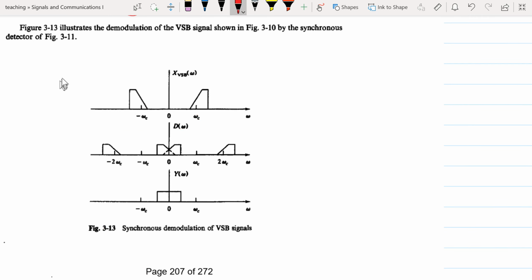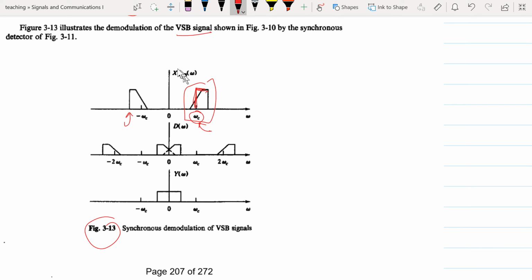And now figure 3.13 illustrates how we can perform the demodulation of the VSB signal after we have transmitted it, having cut off a portion of the signal, as we can see here, a portion of the sideband. You can see the upper sideband should have been that full, and therefore it is shifted in frequency by the carrier, and it is centered at the carrier frequency omega c.